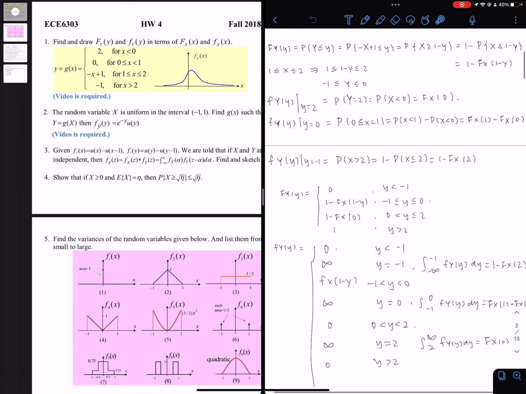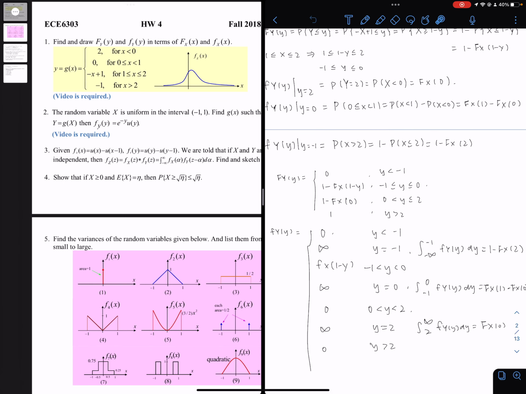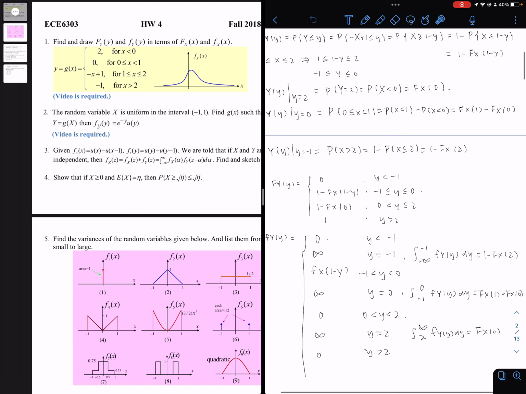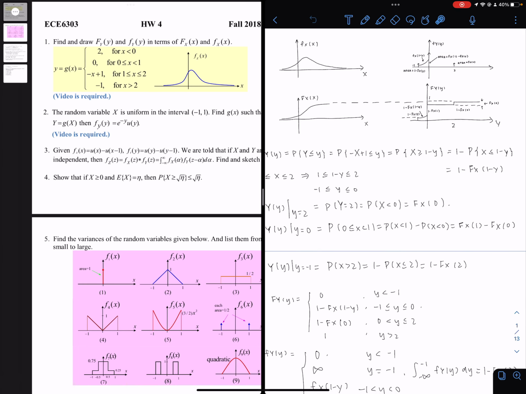And with that in mind, it's really easy for us to find the cumulative probability of y, right? So pretty much every impulse function reflects a step.